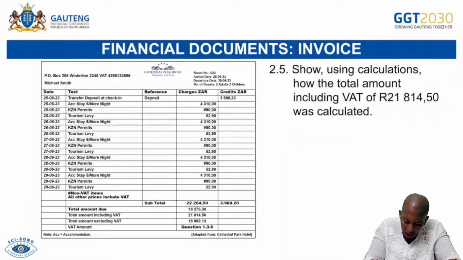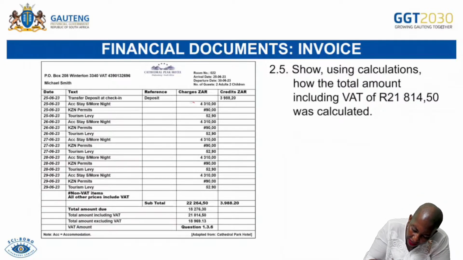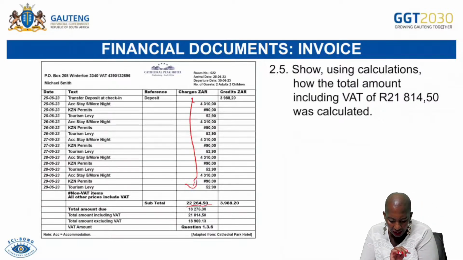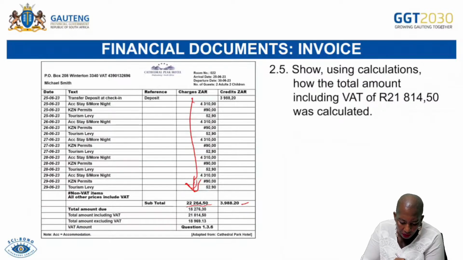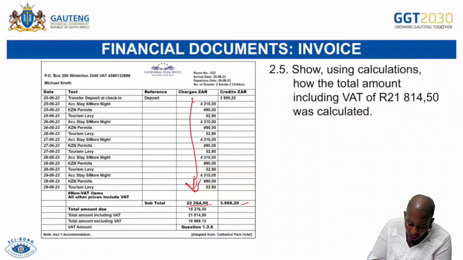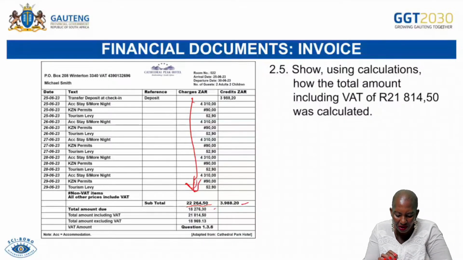The subtotal, it is meaning when they add everything here, they get to 22,264 after adding everything. Now the credits, they are crediting them the deposit. This is the deposit that they have paid. So now they're saying the total amount due, it is 18,276. But this 18,000, it is VAT exclusive.